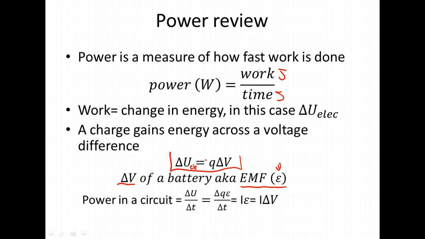And so if I want to talk about power in a circuit, I take this formula that I already know about electric potential energy and voltage differences, and I can say it's the overall change in energy over the change in time. That's the old formula that we know for power. I can say that it is the charge times the voltage difference of the battery divided by the time. Charge over time is just current. And so I can also say that this is the electrical current flowing through something times the voltage difference.